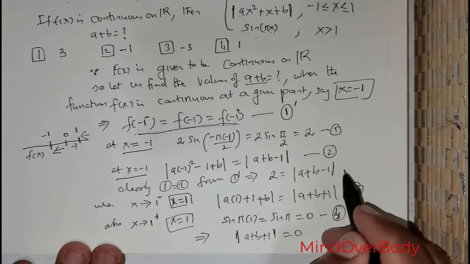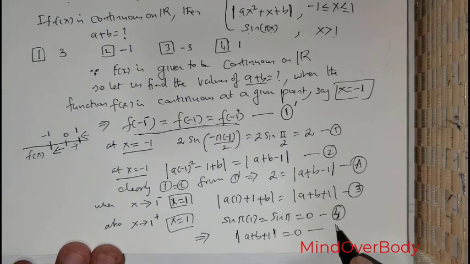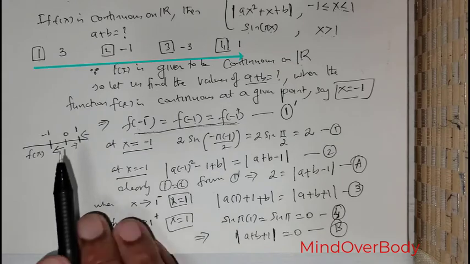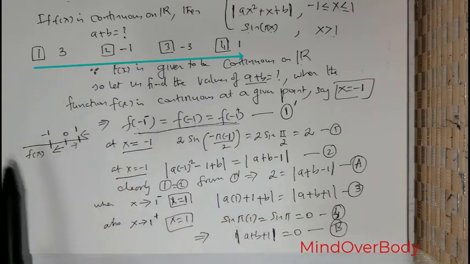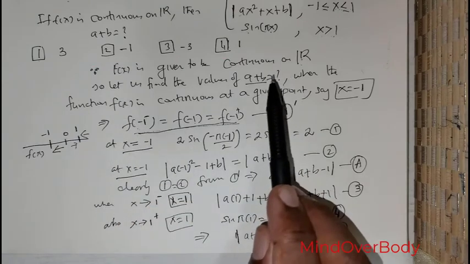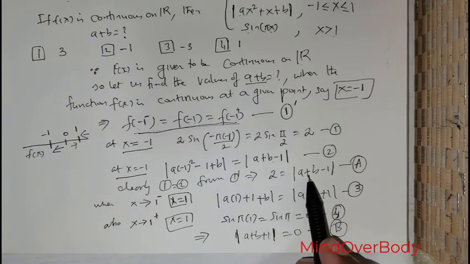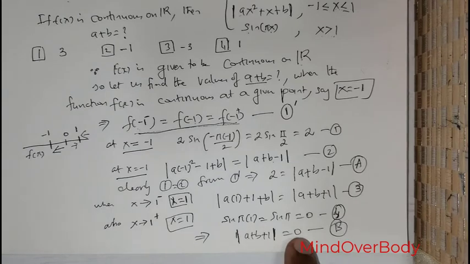So I can take this as some capital A and I can take this as some capital B. Now we have been given some choices. Because the function is continuous on all R, the value for a plus b that we get here should agree with the value of a plus b that we have here, because in this case when I substitute a plus b, I should get a value 0.